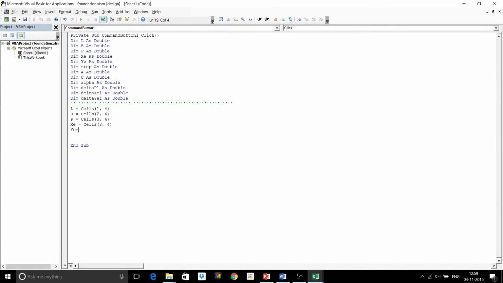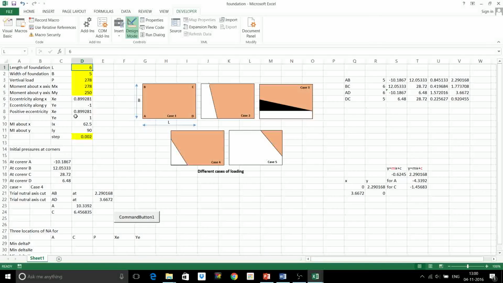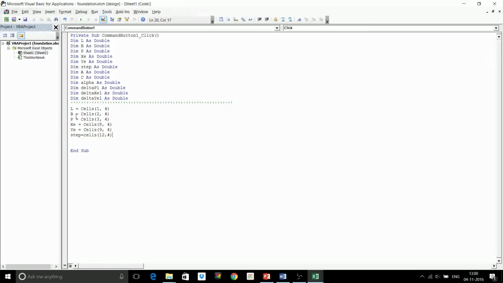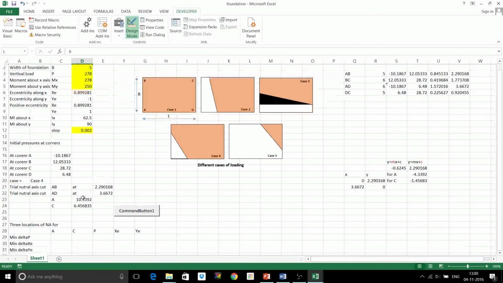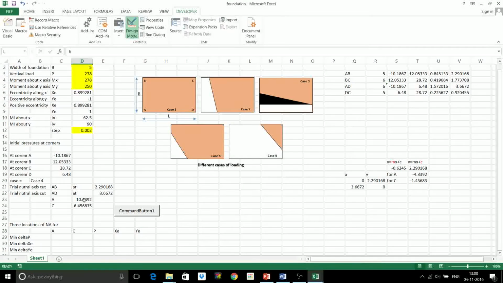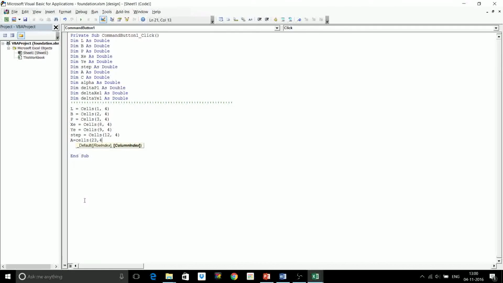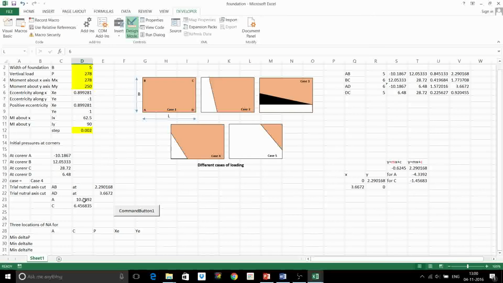YE is equal to cells 9 4. Then step is equal to cells 12 4. After that, A is equal to cells 23 4. And C is equal to cells 24 4.